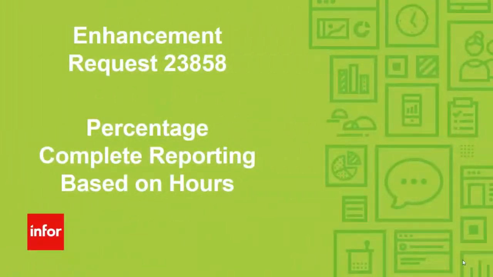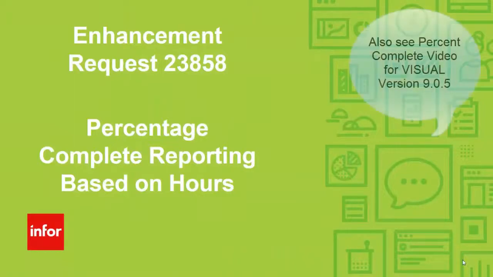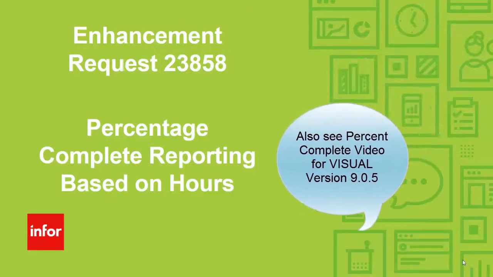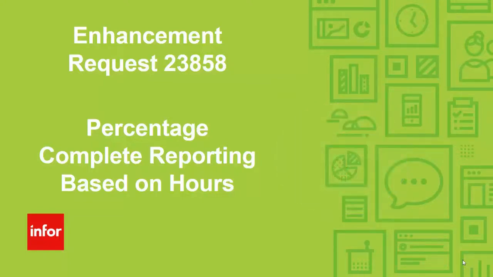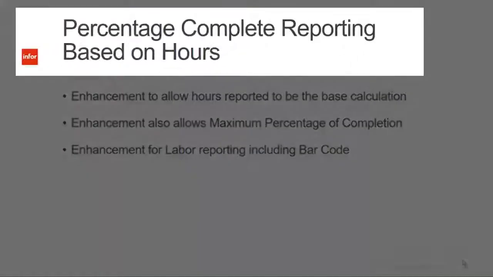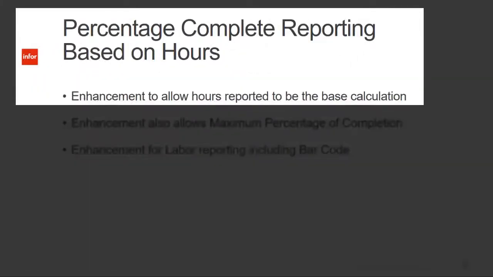Next, we will cover percent complete reporting. Also notice that there is a video for Visual version 9.05 just for percent complete. To summarize the request, the functionality will focus on the calculation being set based on hours versus quantity. Additionally, there will be a maximum percentage completion added.